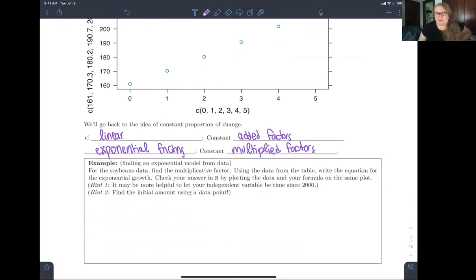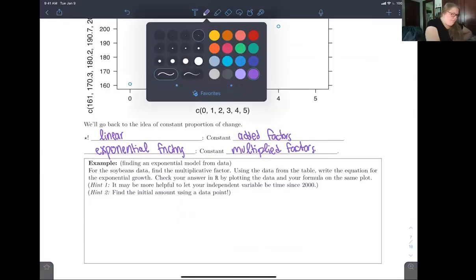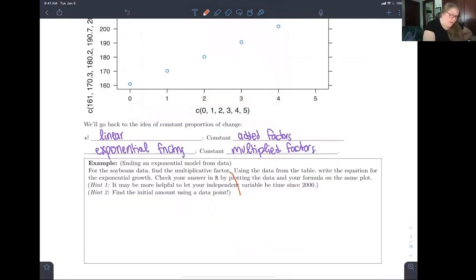So our next example block, and our last one for this set, is to find an exponential model for this data. Find the multiplicative factor. Great, we did that. We can do this one together. Times 1.058. It says, using the data from the table, write the equation for the exponential growth.